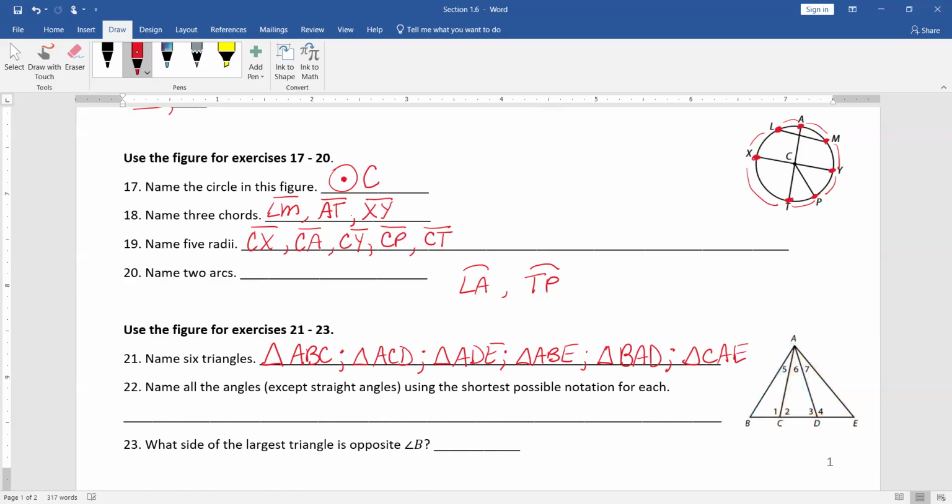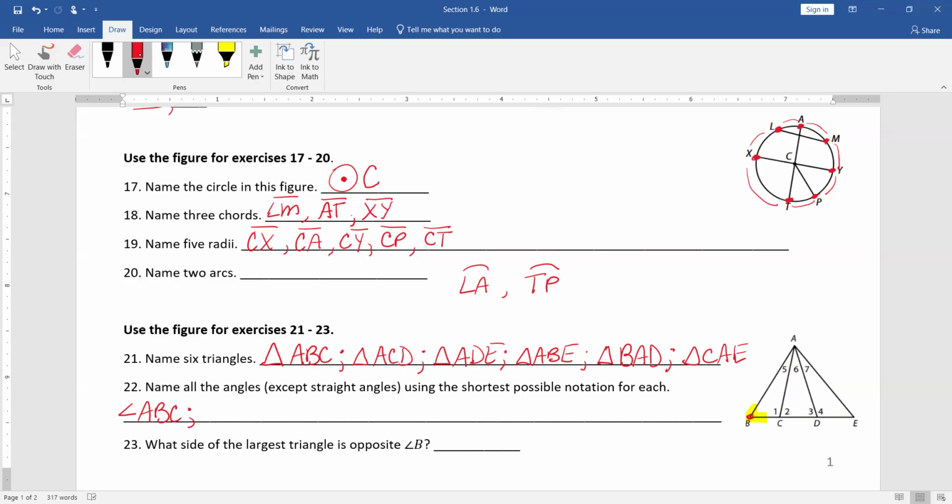All right, name all the angles except straight angles using the shortest possible notation for each. So we have this angle here in the corner. Now that one, the shortest notation, there is no number there, so I have to use the name. Remember, the vertex goes in the middle of the name. So that one is angle ABC or CBA, that's fine too.